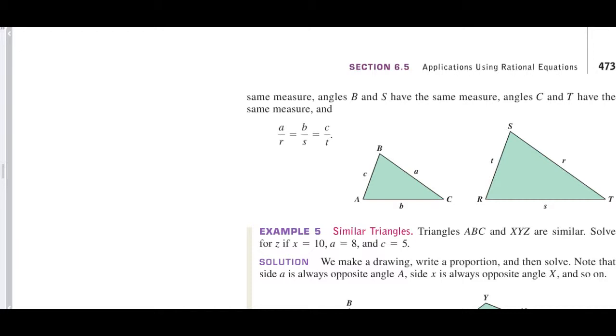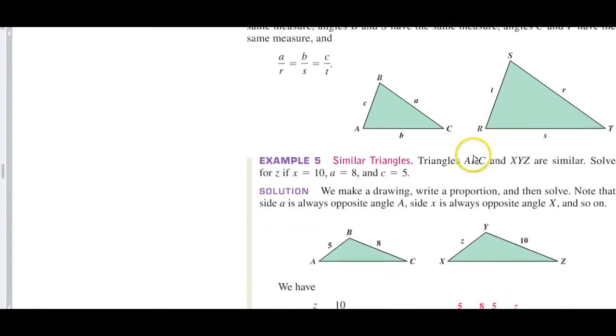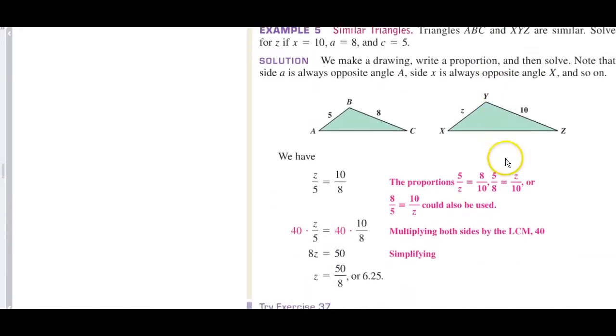So here in similar triangles, you may recall the angles are the same and the sides are proportionate. So we can use this proportionality to set up missing sides. So let's take a look at it here.